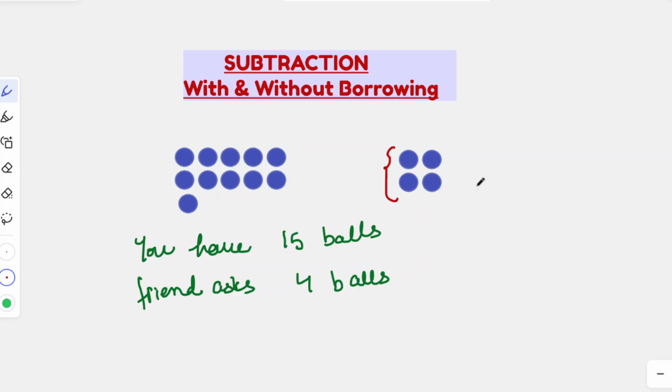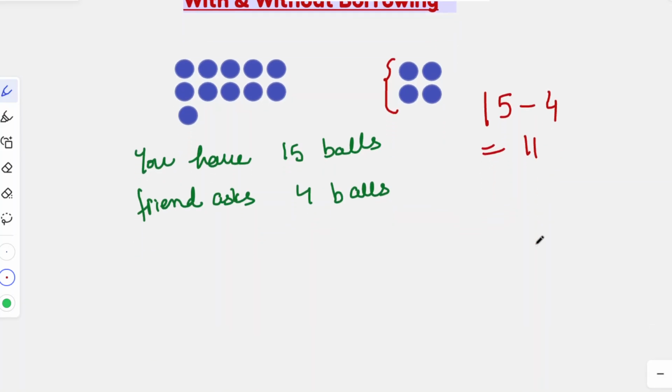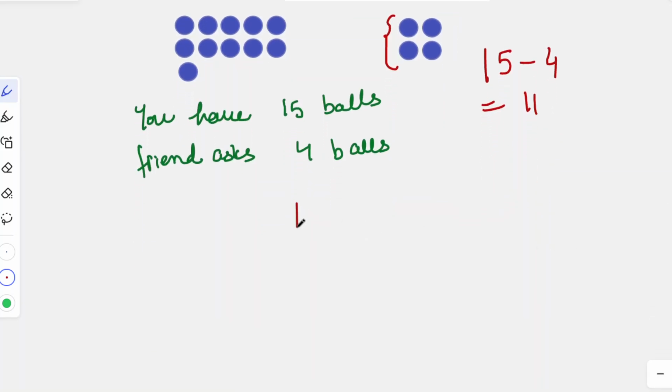So what we are doing, we are doing 15 minus 4, right? And we get 11, correct? All right, so if we write it in column representation method, this is ones place, this is tens place.